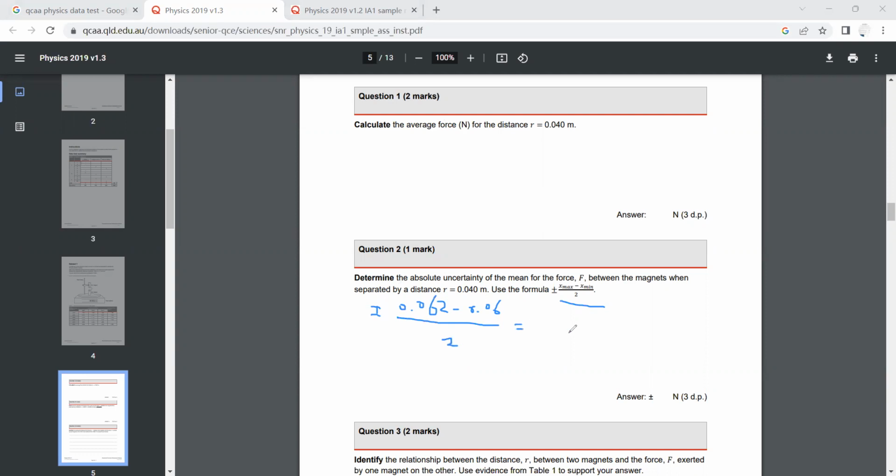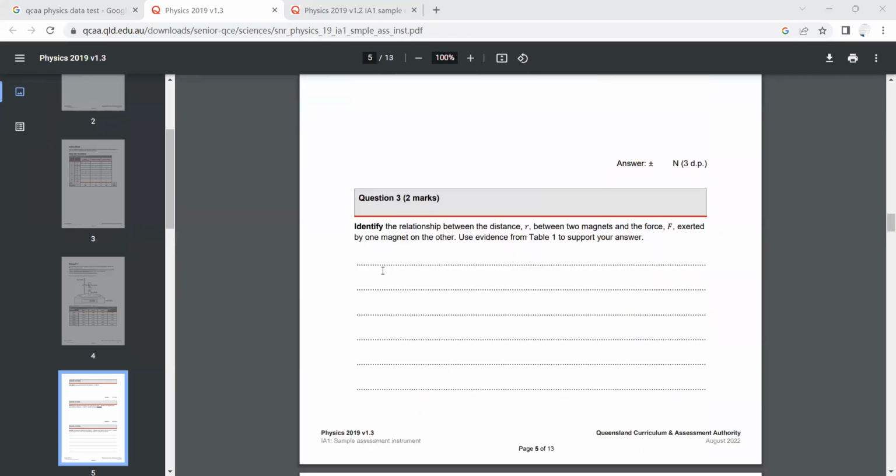And the answer would be plus minus 0.001 Newton. Is this the right way to do it? I may think differently, but this is the way that we are supposed to do according to the QCAA's requirement. Okay, that's for this question, and let's keep on moving.